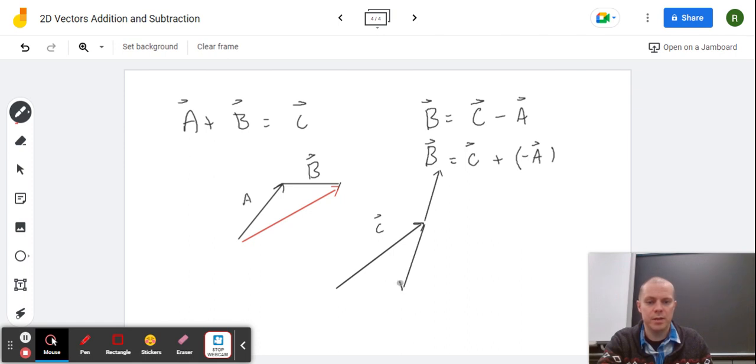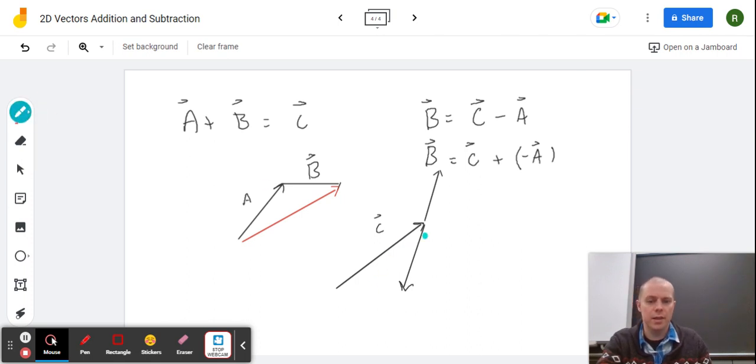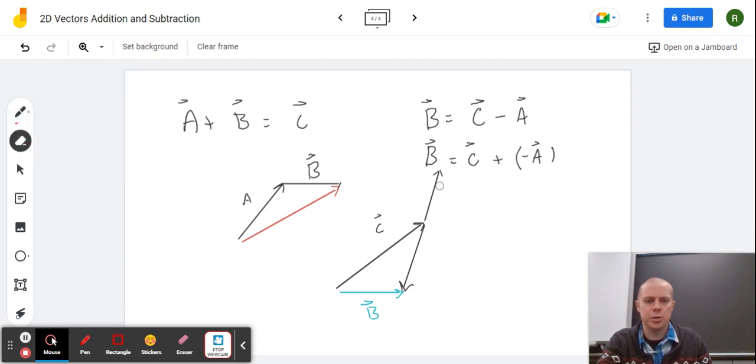So it's the exact same vector, but going the opposite way. And then we draw a straight line from start to finish, and we get vector B. Okay? So that's how vector subtraction works.